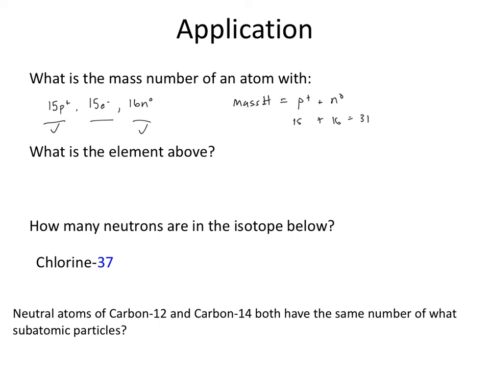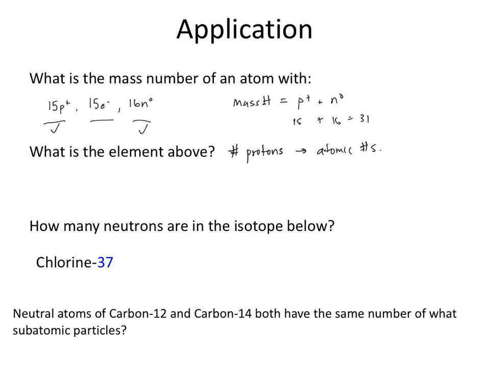The next question is, what is the element above? The identity of an element is based on the number of protons, and the number of protons can be determined by looking above the element symbols on the periodic table and finding the atomic numbers.